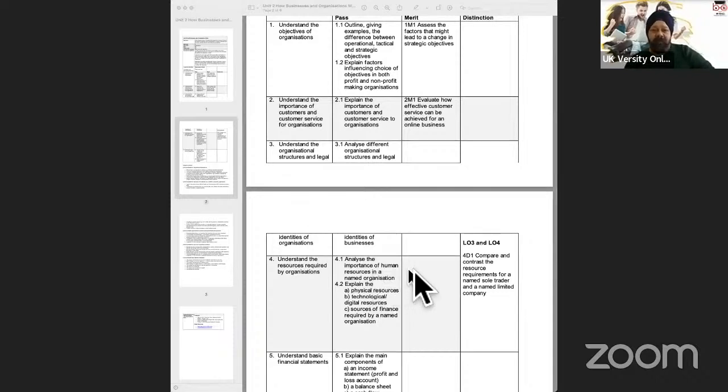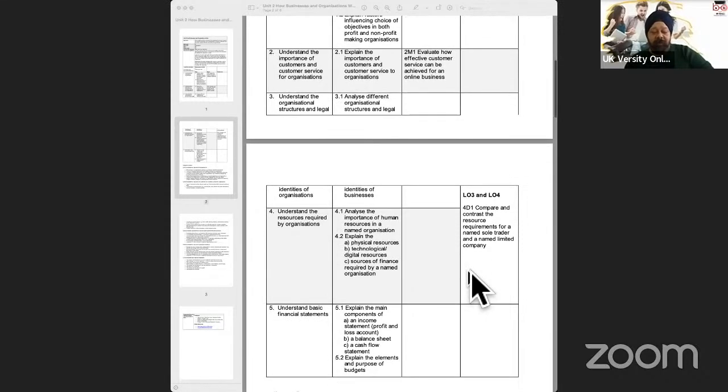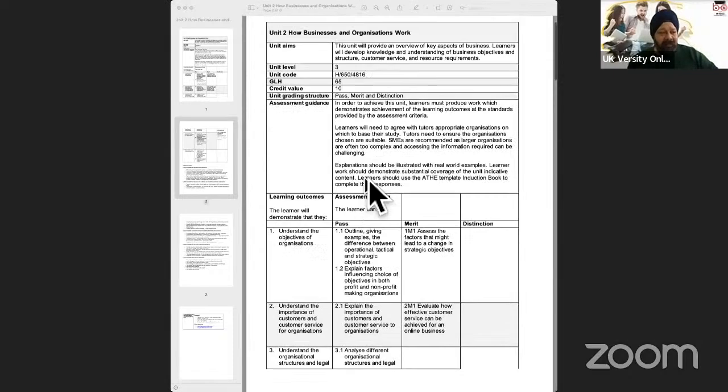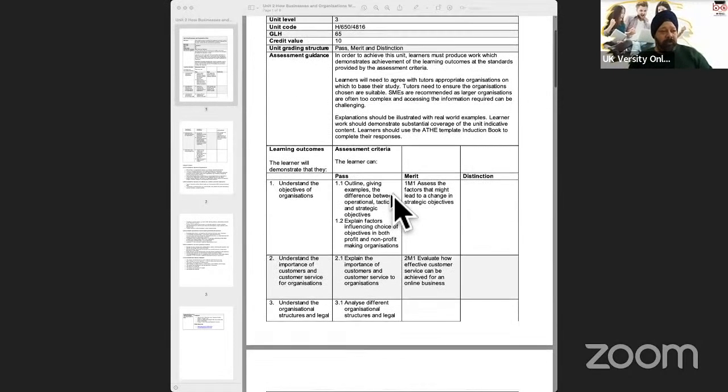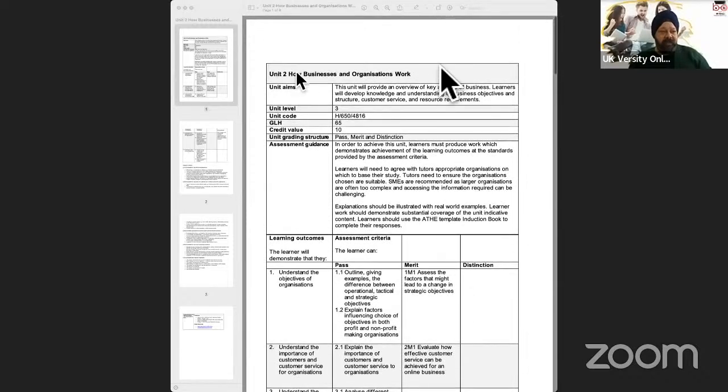And then lastly, we look at a bit of accounting and financial statements to understand how and when you would want, for example, budgets to be created, cash to be managed, projections to be done, and those kinds of things would essentially come across predominantly from your 5th learning outcome. So that's an overview of how you would be looking at studying this particular unit.